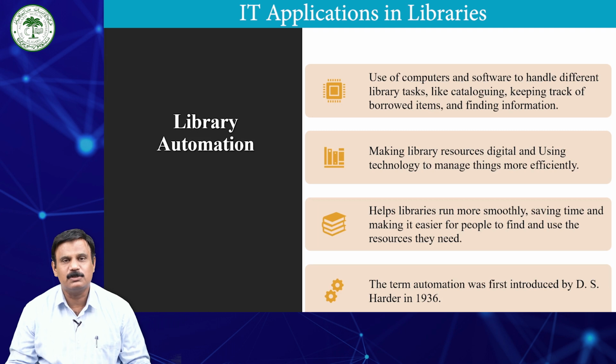So, making library resources digital and using technology to manage things more efficiently. Library automation generally helps libraries run more smoothly, saving time and making it easier for people to find and use the resources they need.